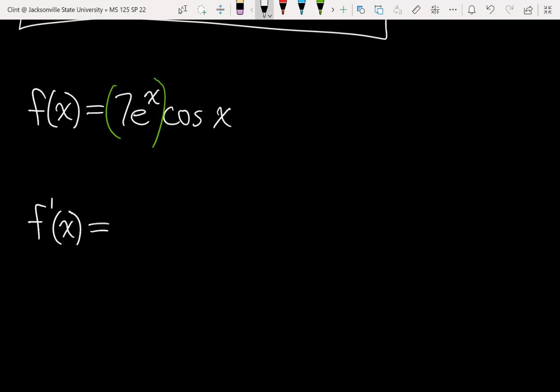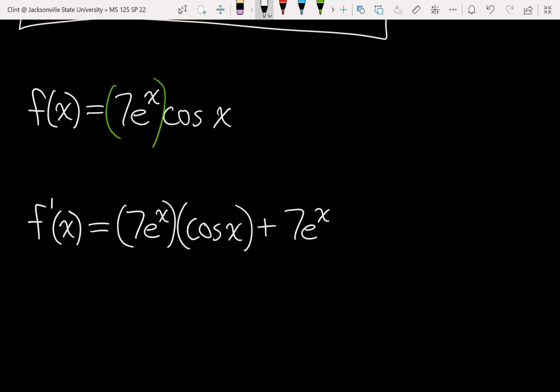So we do product rule. It's the derivative of the first one times the second one plus the first one times the derivative of the second one, which is negative sine x. The only thing to me about having those e to the x terms in there is it makes it easier to get lost.